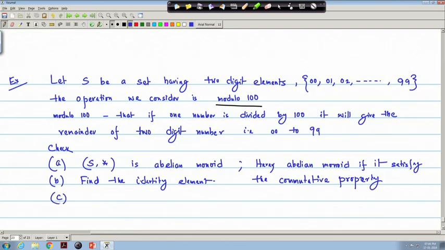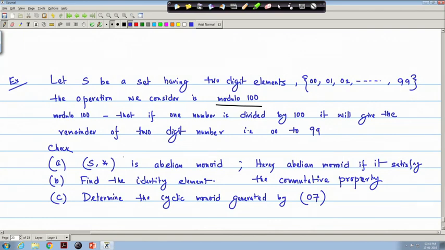And we see the cyclic monoid generated by some number, say 07. Determine the cyclic monoid generated by 07.